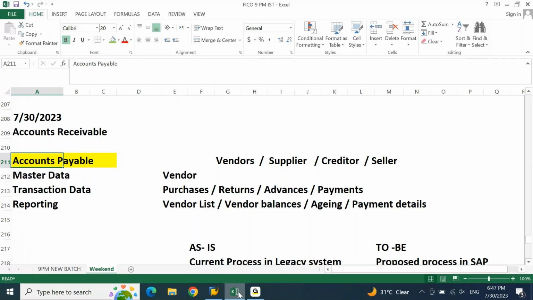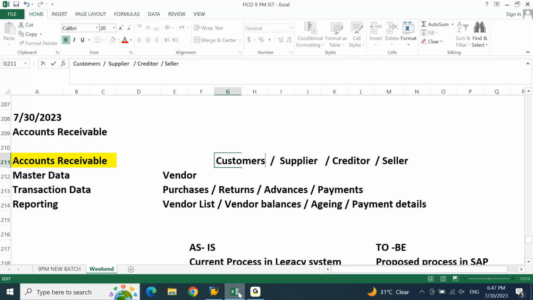Now, I have written accounts payable. I'm going to replace this with accounts receivable. In accounts payable, we discussed you will have master data, transaction data, reporting. Even in accounts receivable, we will have master data, transaction data, reporting. In accounts receivable, you will not have vendor, so I'm replacing vendor with customers.